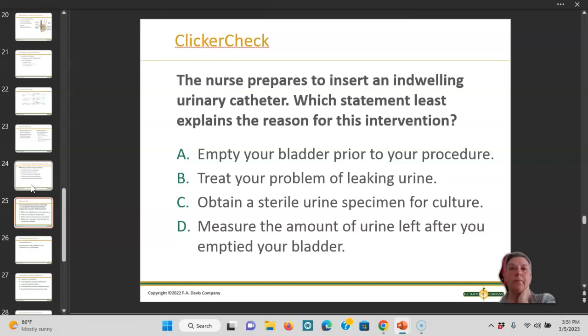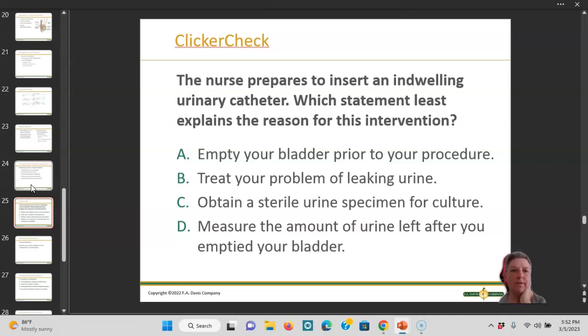All right, so a nurse prepares to insert an indwelling urinary catheter. Which statement explains the reason for this intervention? I'm going to empty your bladder prior to your procedure, not indwelling. Treat your problem of leaking urine, no. Obtain a sterile urine specimen for culture, no. Okay, so herein lies the problem.